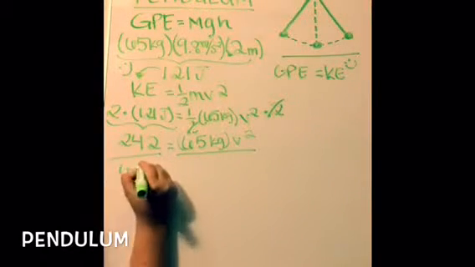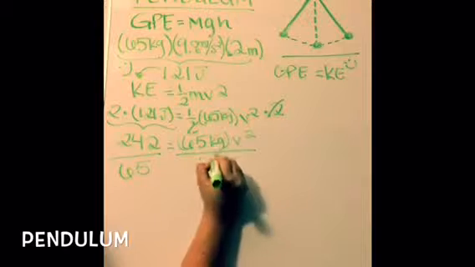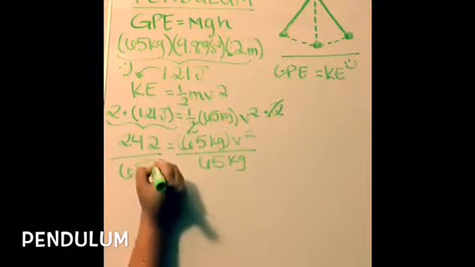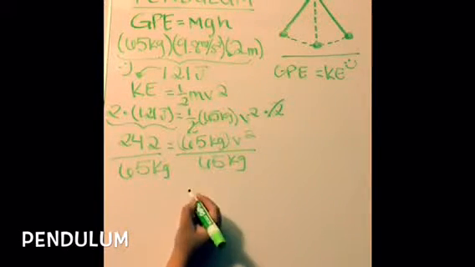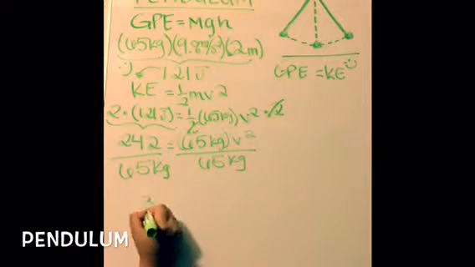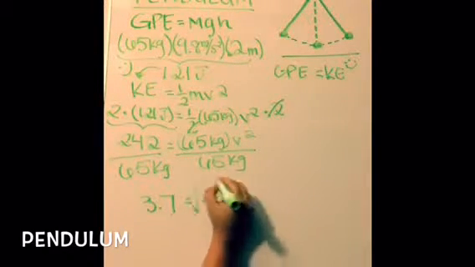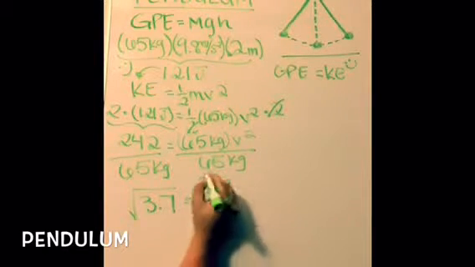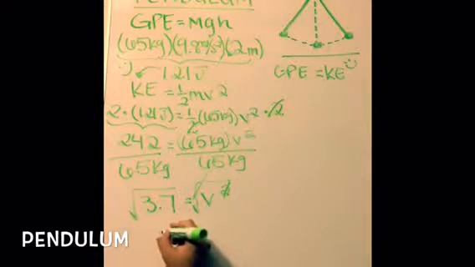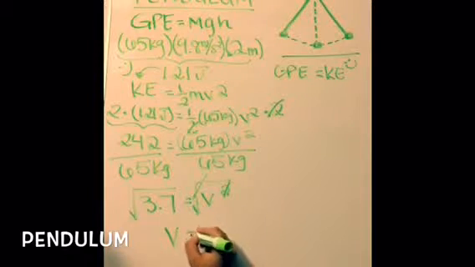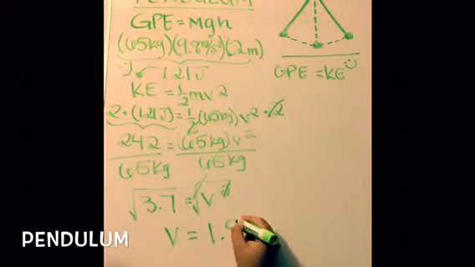Now I will divide by 65 on both sides and find the square root of that answer, which then comes out to be 1.9 meters per second.